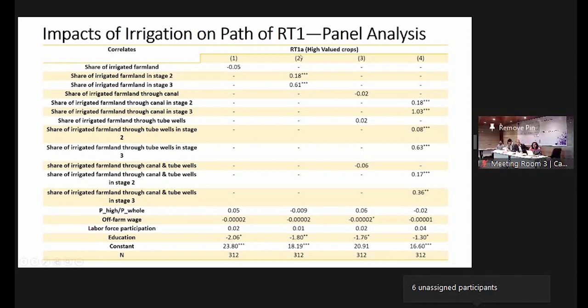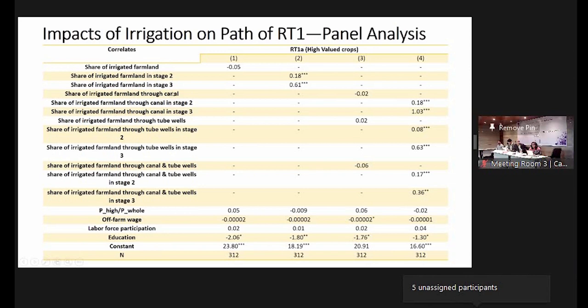which are in stage 2 and 3, you can look under column 2: these coefficients are very significant, and in stage 3 the coefficient is even bigger than stage 2, which means that as we move towards higher stages of rural transformation, the impact of irrigation becomes more pronounced for rural transformation.